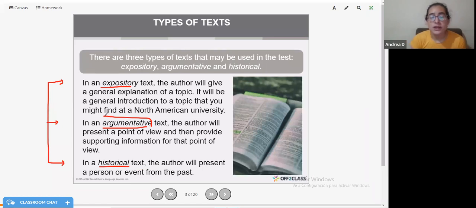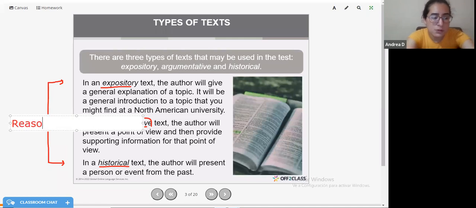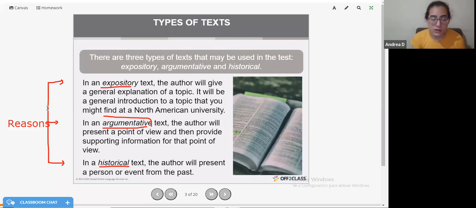So in that case, the professor actually has a point of view, and it's very likely that you have reasons. So the professor will give you reasons supporting that idea. So it'll be like, okay, nuclear power is the best thing for these reasons. First, it's cheaper. Second, it's more efficient. Third, it's better for the environment, whatever. So you will have different reasons supporting that idea.